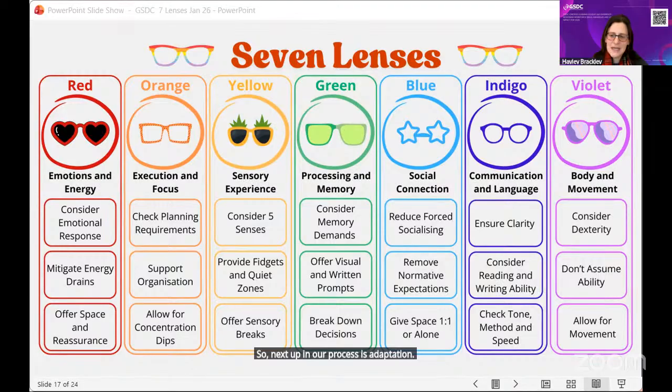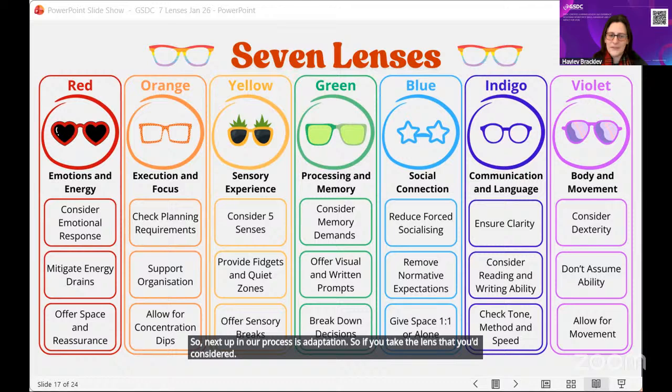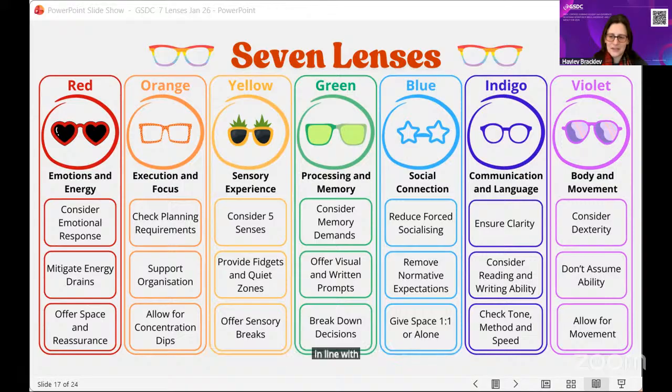So if you take the lens that you'd considered, what's one thing that you could adapt in what you do currently in line with that lens? Give you a moment to think about it, to consider it.